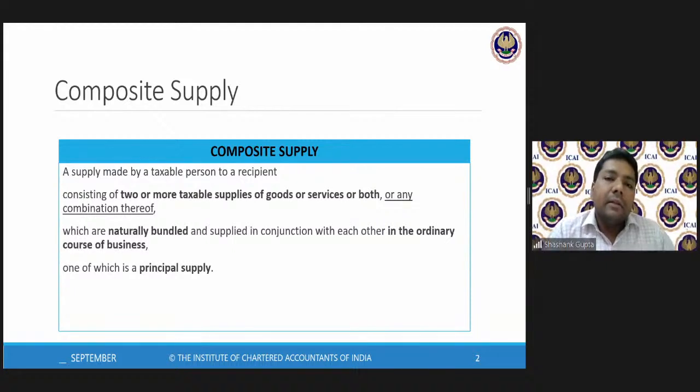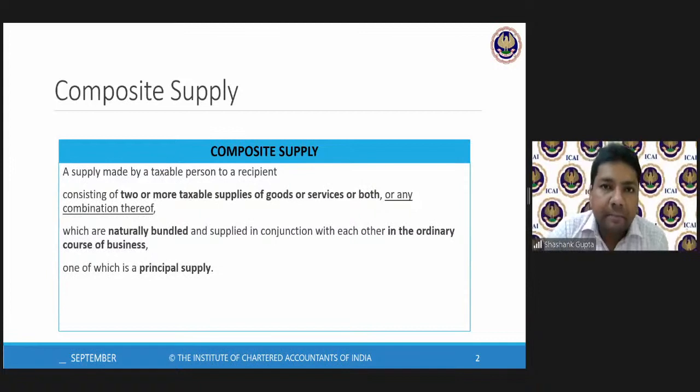It is because there are multiple tax rates under GST. And if it is a supply of goods, a different rate of tax could be applicable. If it is a supply of service, a different rate of tax could be applicable.